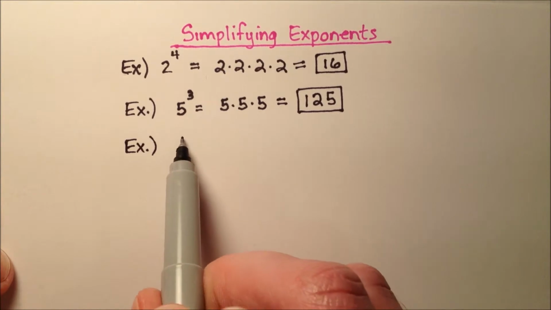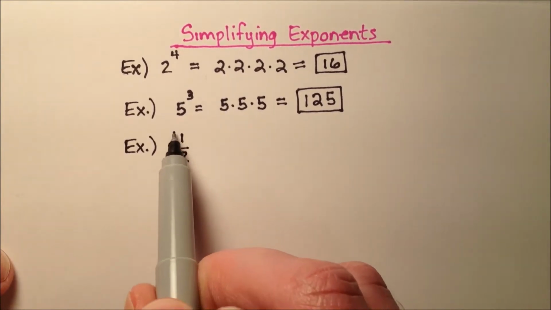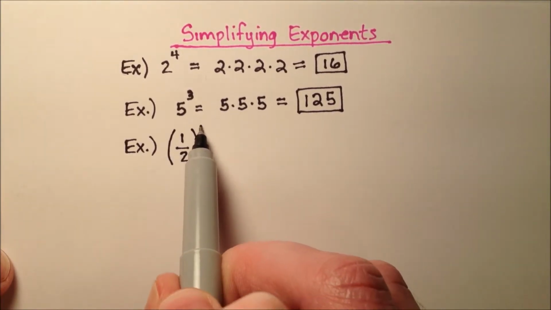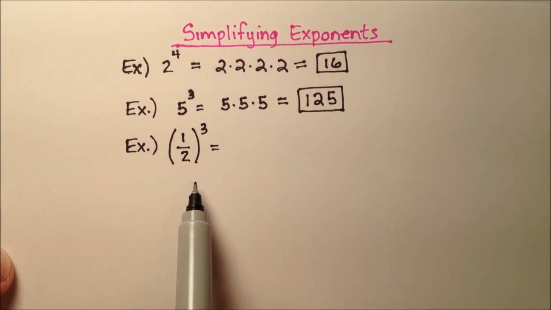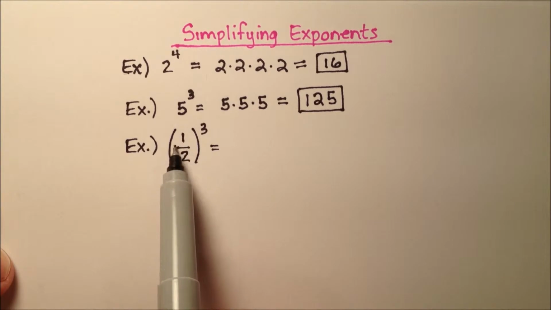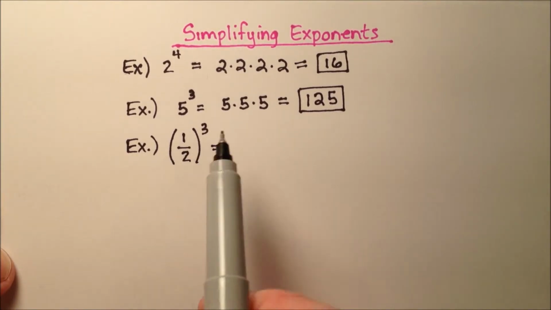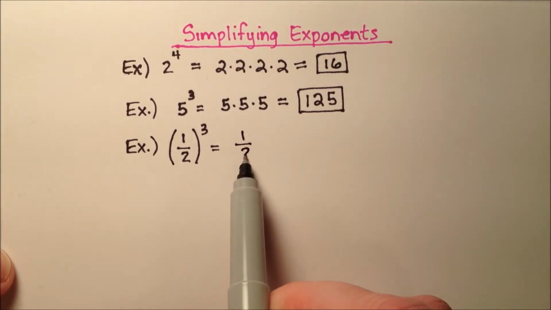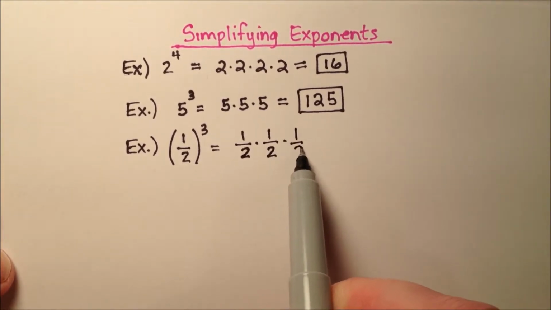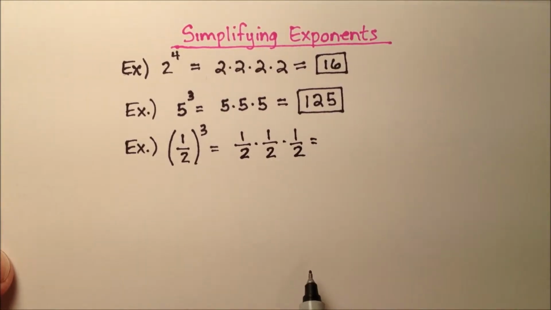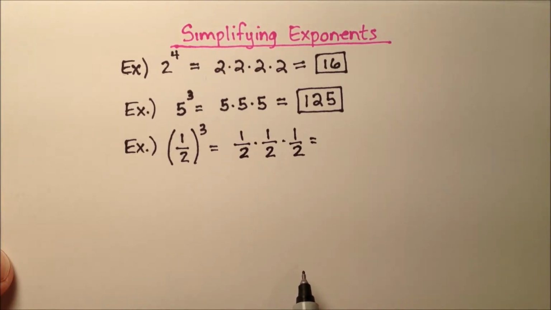Our next example is going to be 1/2 to the power of 3. Well, just like in the previous examples, what did this mean? Well, it means we're going to take 1/2 and we're going to multiply it by itself 3 times. So 1/2 times 1/2 times 1/2. Well, how do we multiply fractions?